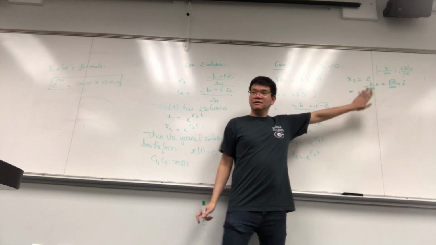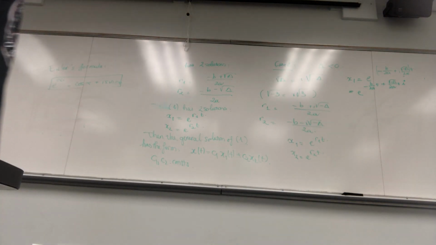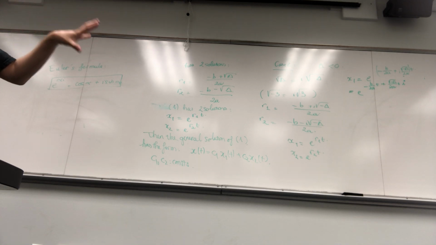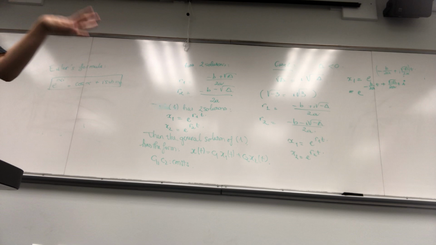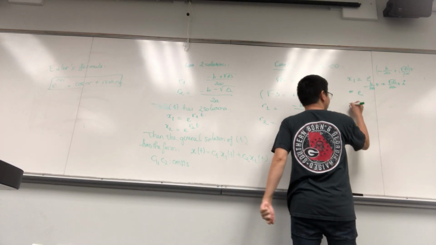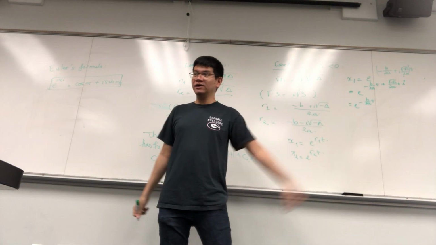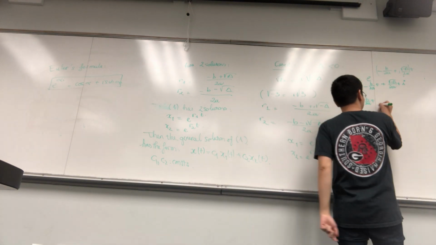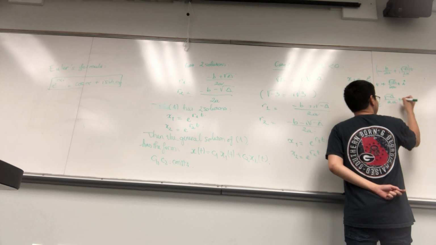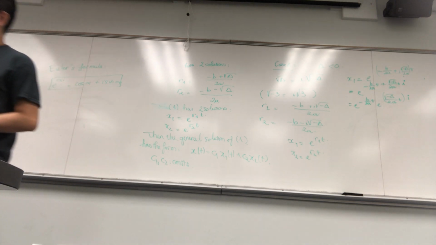The first step is always to split it as a real and imaginary part, because the real part is always an exponential, and the imaginary part will give you cosine and sine. So you have e to the power of minus b over 2a t, which is a standard exponential. And now you have to deal with this imaginary part.